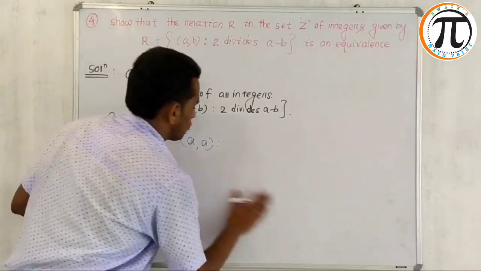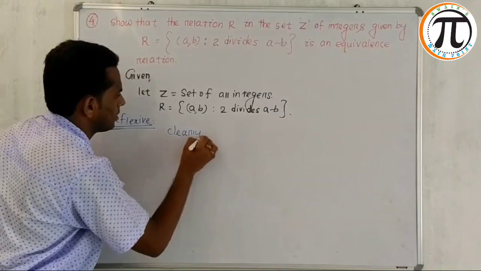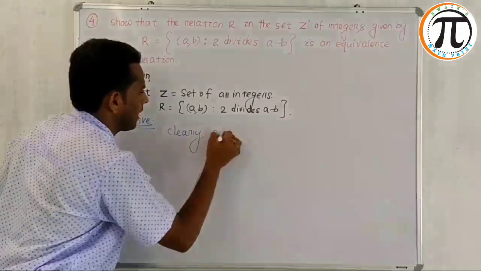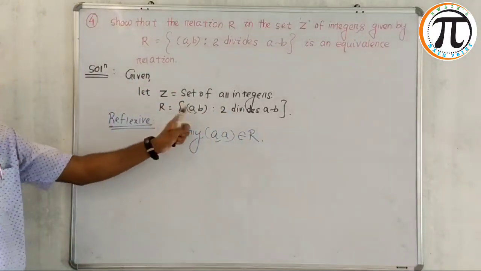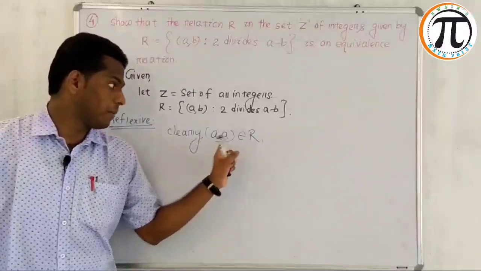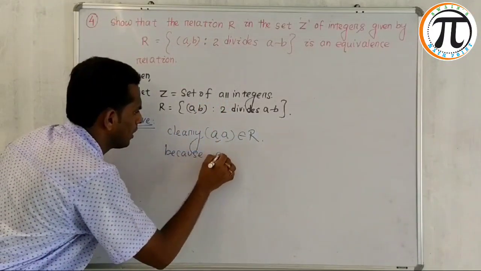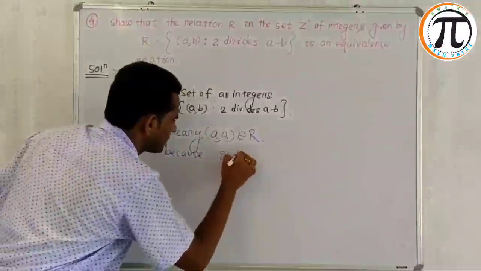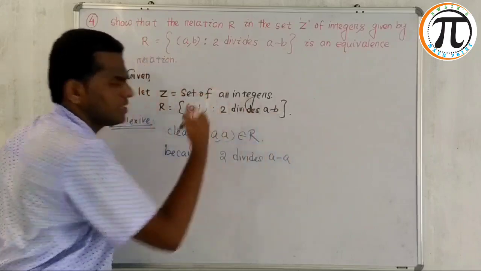So 0 is completely divisible by every number. Okay, so clearly (a, a) belongs to R, because here a is a, b is also a. For reflexive, (a, a) belongs to R. Why? Because 2 divides a minus a in place of b.